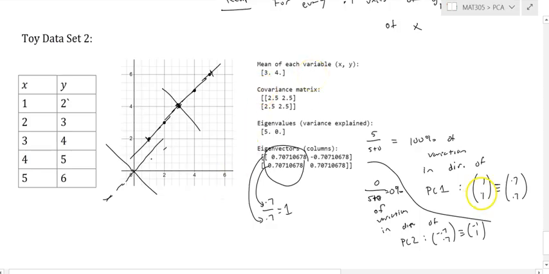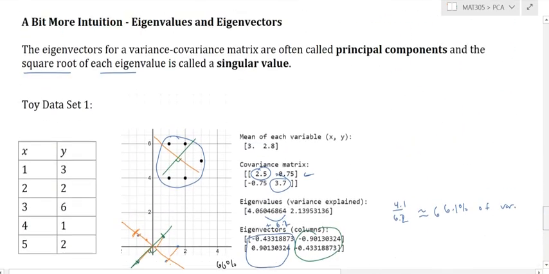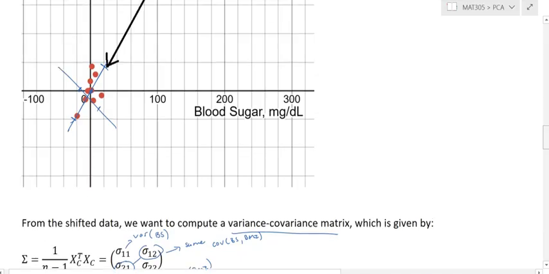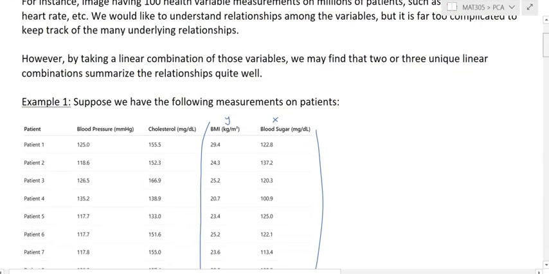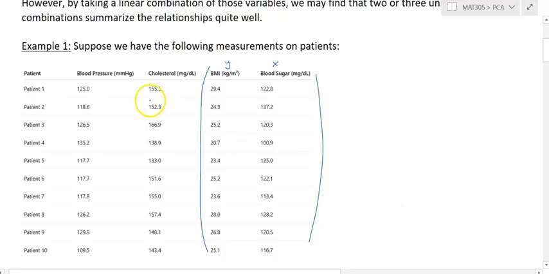So my goal here was to illustrate and compare and contrast our two toy data sets with our actual real-world toy patient data set. And now the question we want to answer is, how will this help us understand a correspondence among all of the variables that we are interested in explaining together?